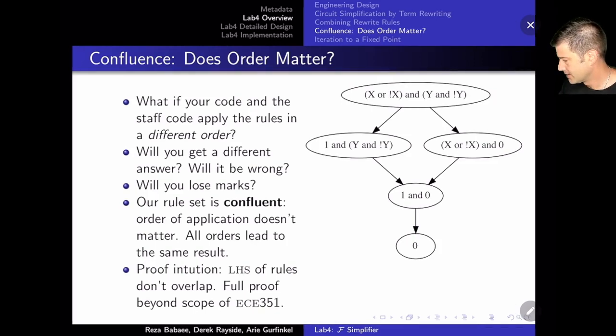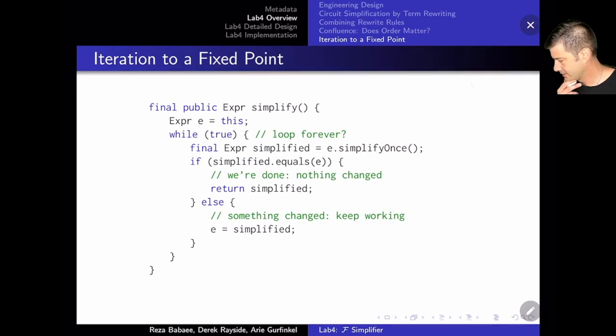Okay, so with all of this, we're ready to start thinking in terms of how we're going to implement the simplifications. This is sort of how our code will look. We're going to have a method simplify on an expression. What it's going to do is something like this.